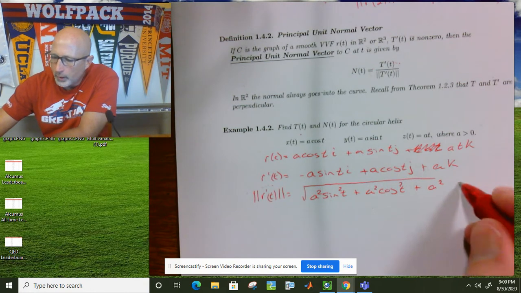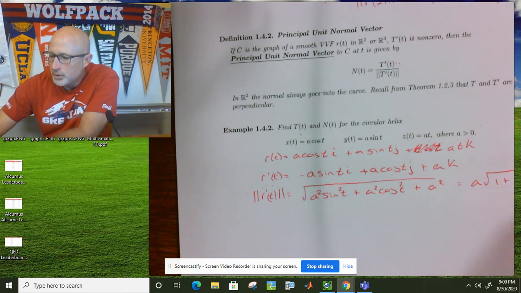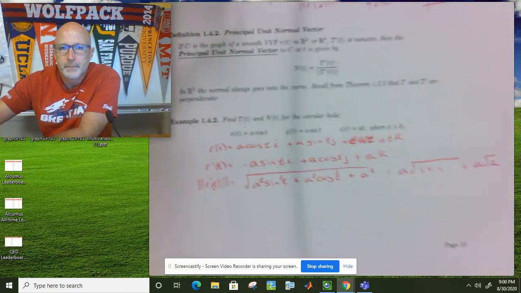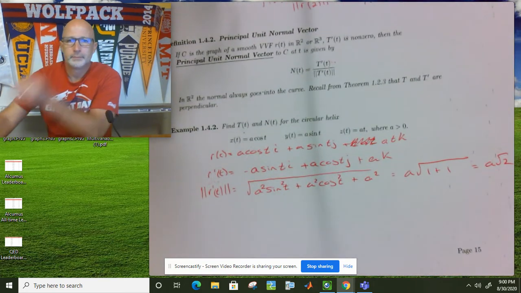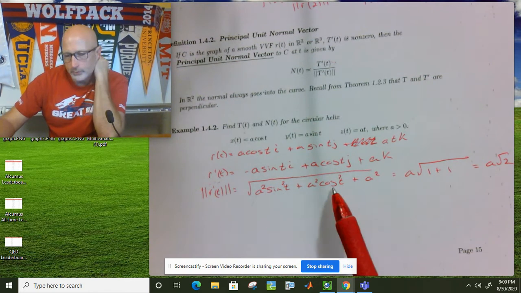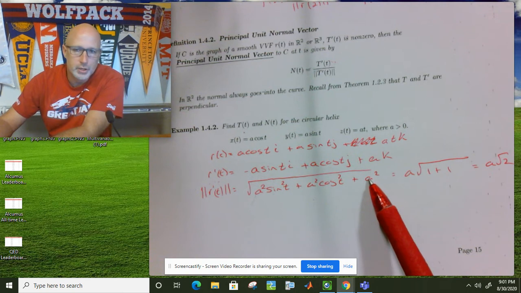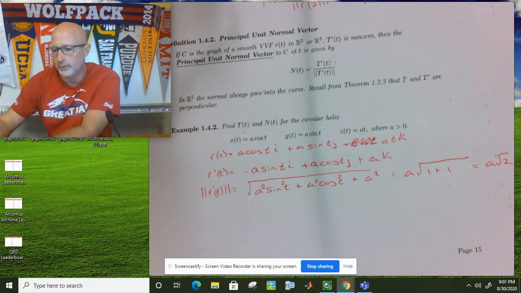Factor out an a squared. So you have a times the square root of 1 plus 1, which is a times the square root of 2. You take an a squared out of all these, you'll have sine squared plus cosine squared, which is 1, and then you took an a squared out of here, so this just turns into a 1. 1 plus the 1 gives you the 2.